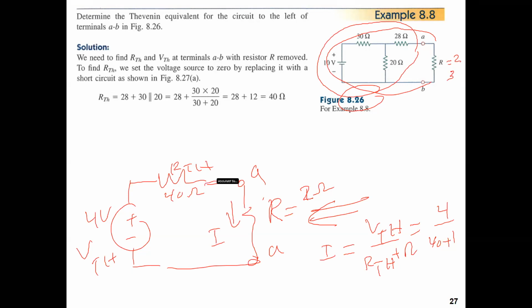What we need to find, RTH, will be constant all the time because those values are fixed. The only value that changes is the value of the load.